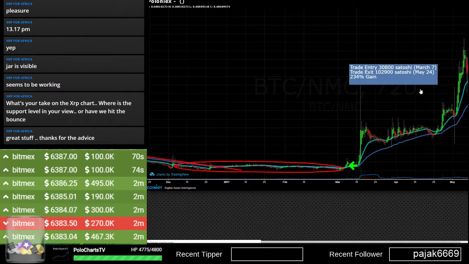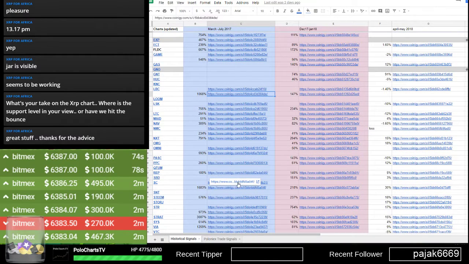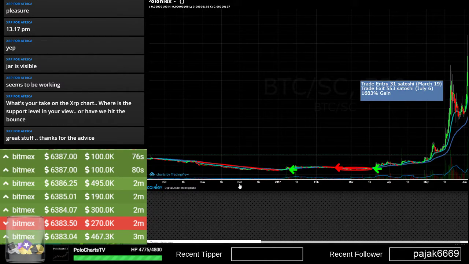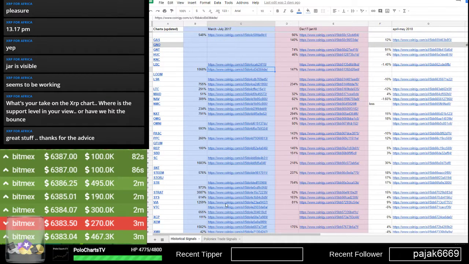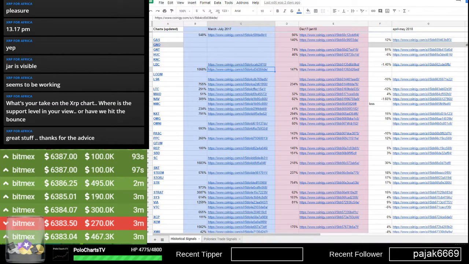March 7th to May 24th, not quite the same on this one. So there's some variation, but overall the average is March 19th to July 6th on SayaCoin. And as I went through and studied this, if we go to Strat, which made a 3,000% gain, March 19th to July 1st. The bull markets all start out at about the same time.